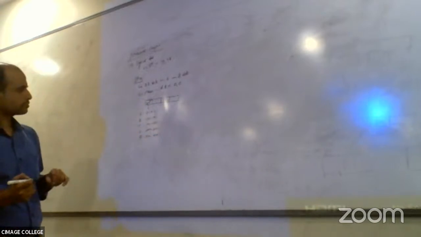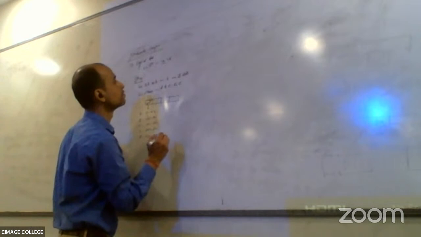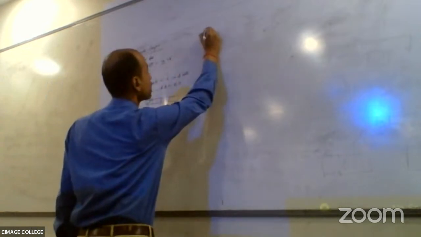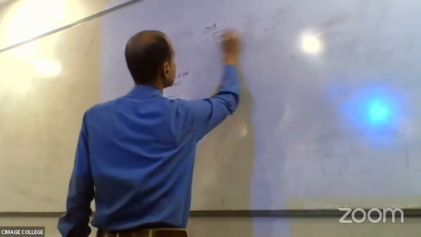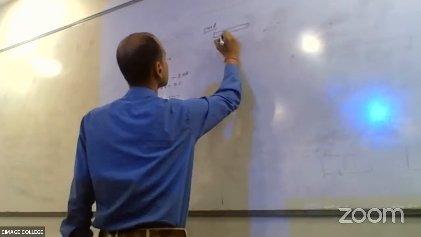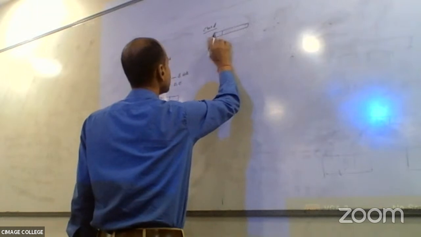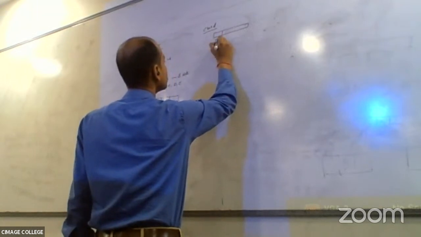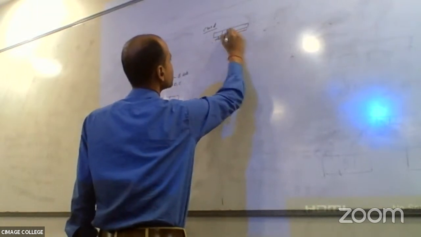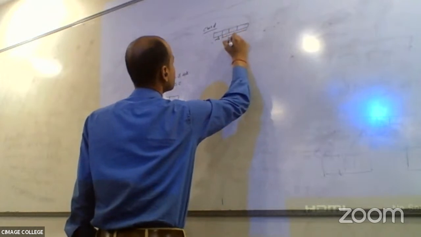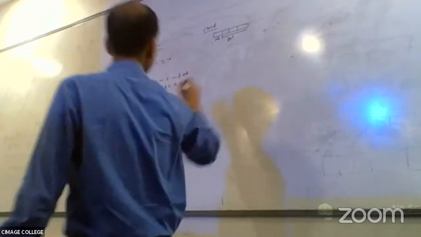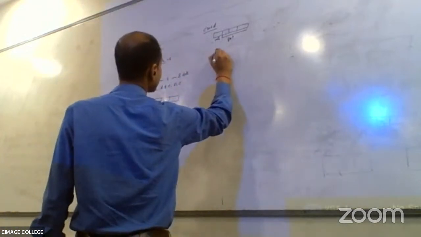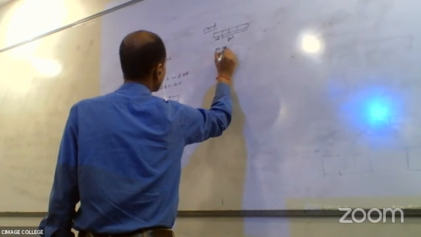Fine. In case of class A, 8 bits are network bits, and all the rest are host bits. The default subnet mask of class A is 255.0.0.0.